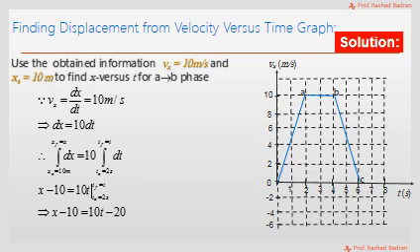Then we're going to get x minus x initial, that is x minus 10, on the left hand side, and on the right hand side we're going to get 10t minus 20, and that is the equation for the position in the second phase.